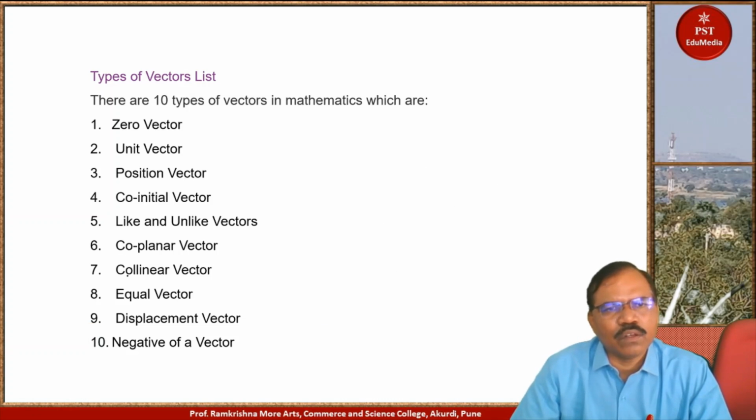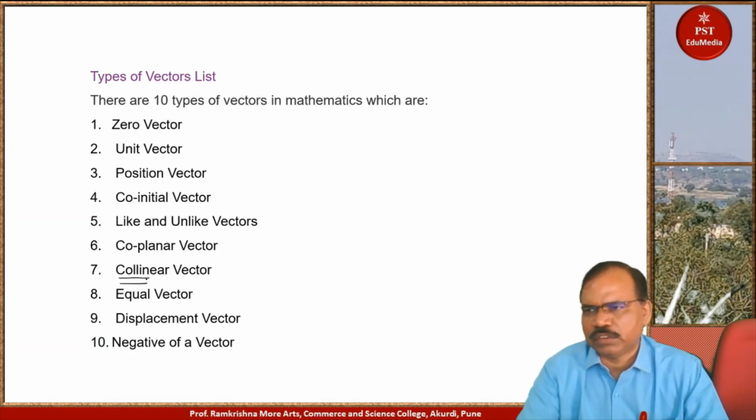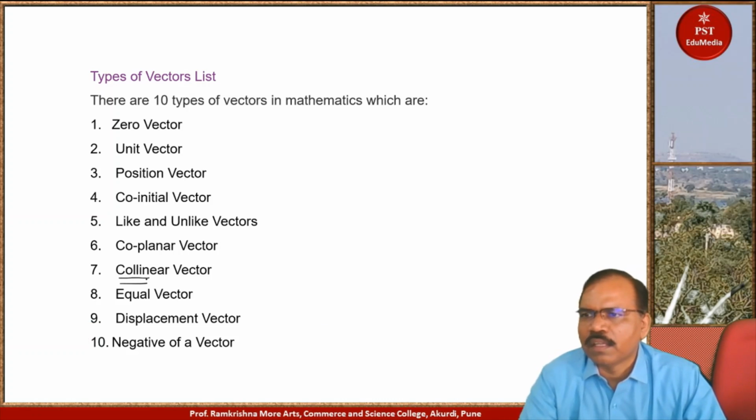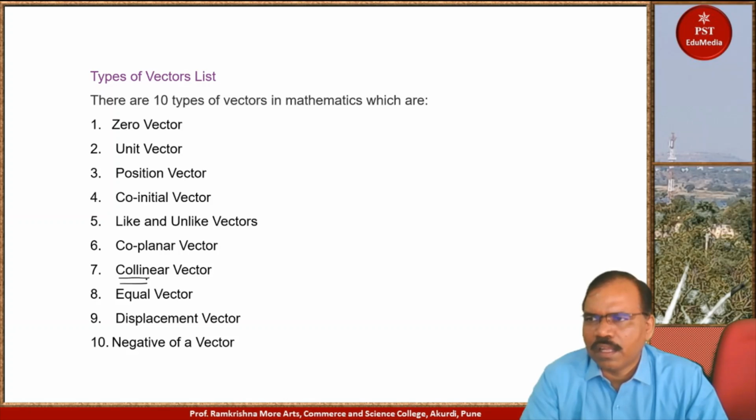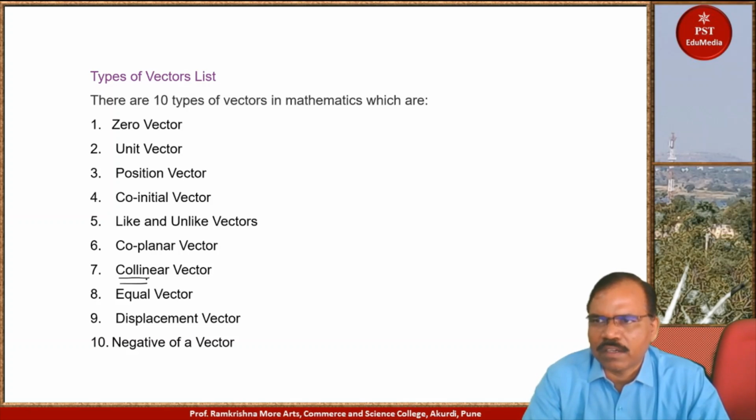Then we have collinear vectors. So here vectors which lie along the same line or parallel lines are known to be collinear vectors. They are also known as parallel vectors.